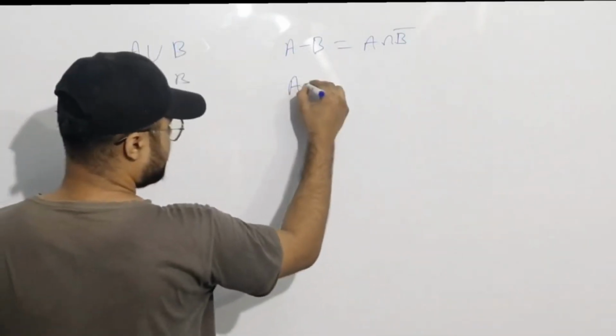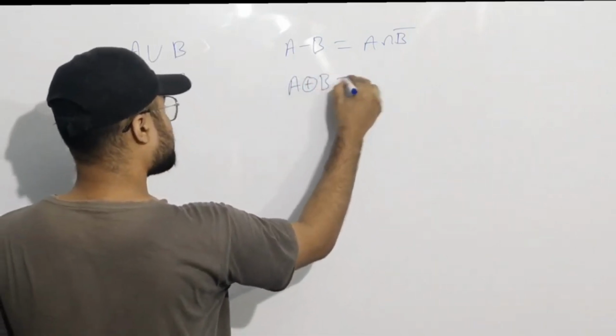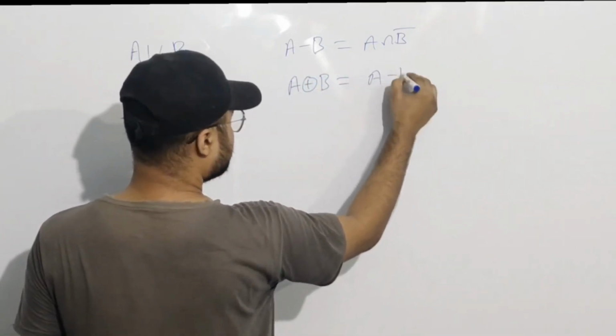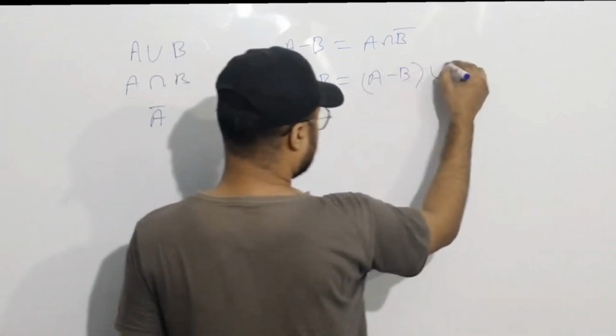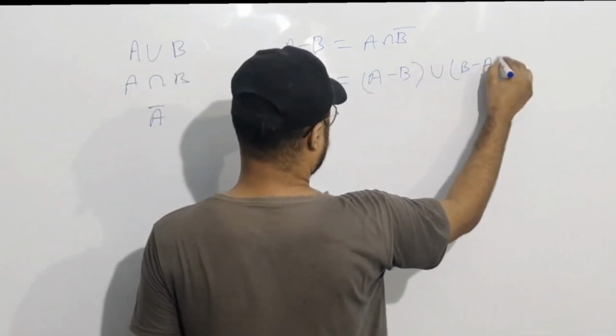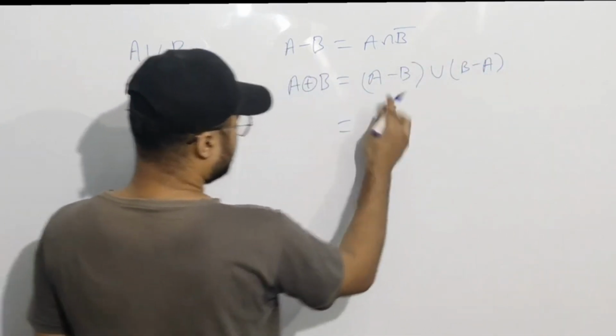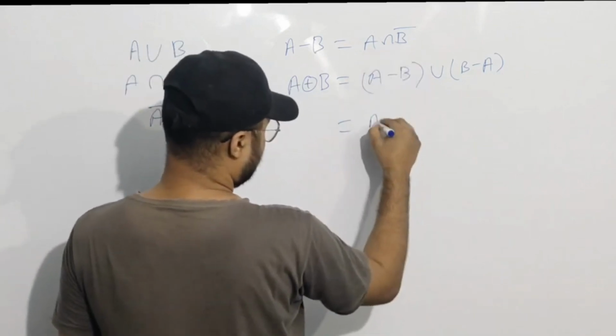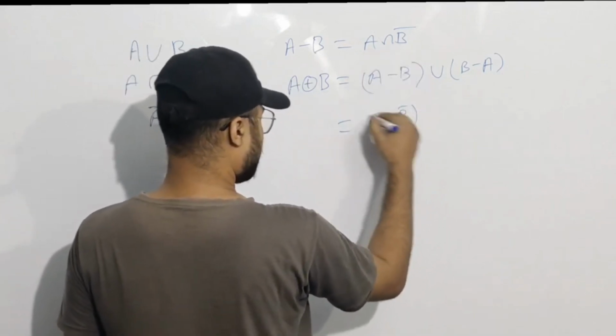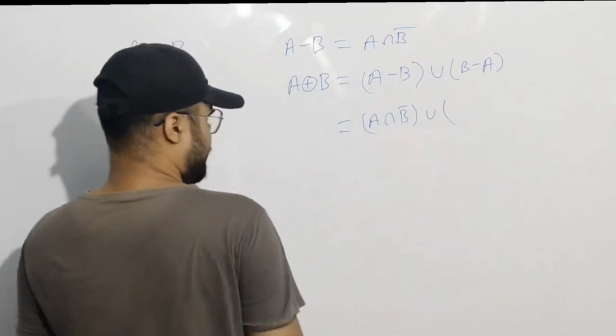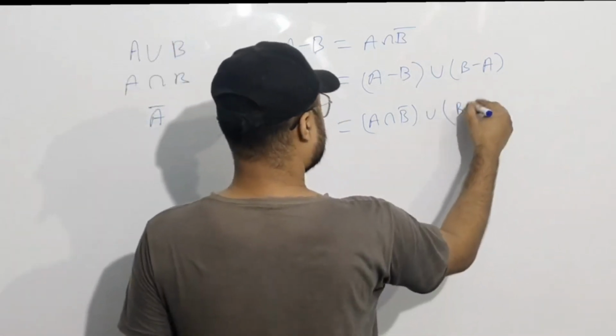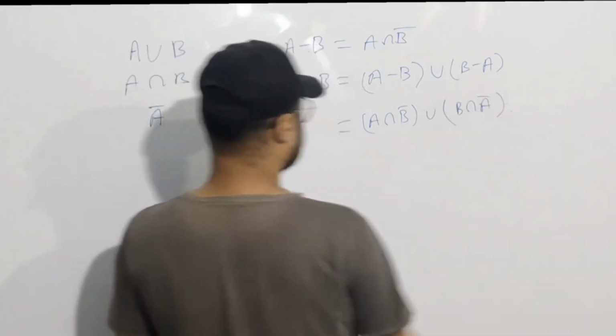And A symmetric difference B is equal to A minus B union B minus A, which is equal to A intersection B complement union B intersection A complement.